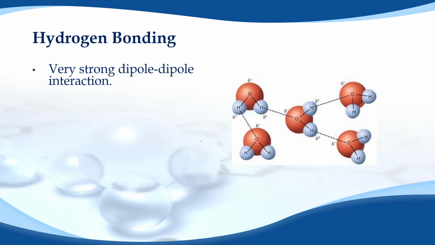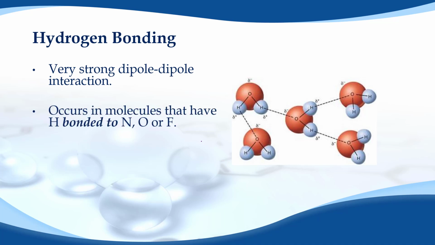The reason why is that the three atoms that have to be involved in a hydrogen bond are nitrogen, oxygen, or fluorine. Those are the three most electronegative elements on the table, so they form the three most polar bonds when you connect them to hydrogen. Right? So any molecule that has a hydrogen physically bonded to N, O, or F will exhibit hydrogen bonding.